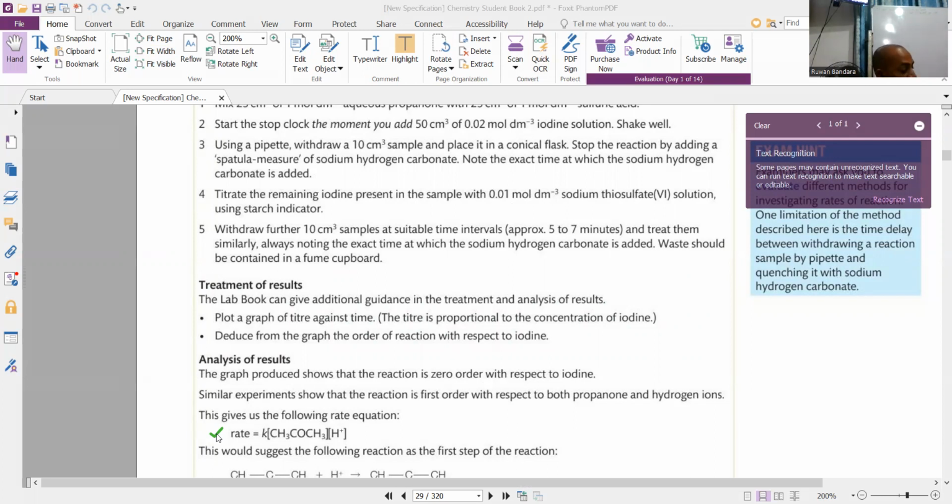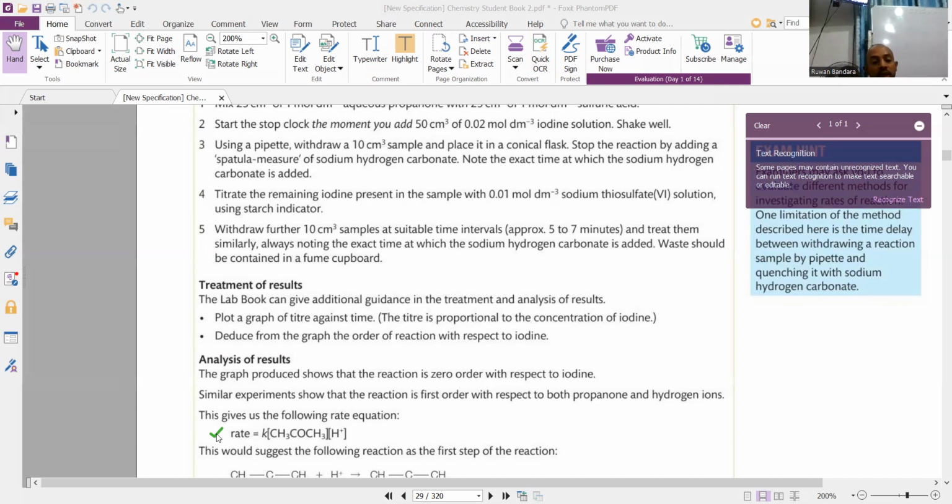Now, in the main equation, the reactants are iodine and propanone. H plus is the catalyst. But in the rate equation, iodine is not there, but H plus is there. Therefore, in the mechanism, H plus and propanone should be there in the slower step, not the iodine.